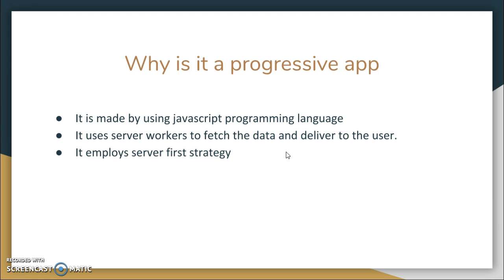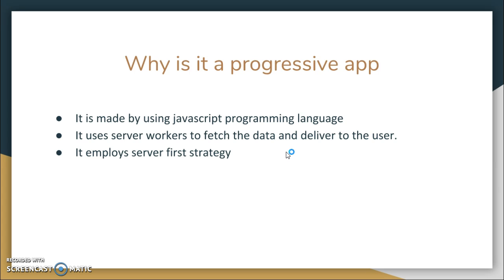Why is this application a progressive application? It is because it is made using the JavaScript programming language. It uses service workers to fetch data and deliver it to the users, and it employs a server-first strategy.